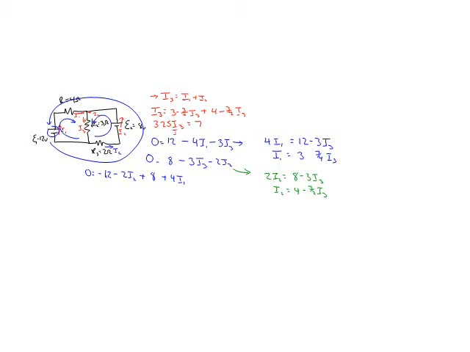I3 equals 2.15. And now all of these should be in amps. So make sure you put in your units.